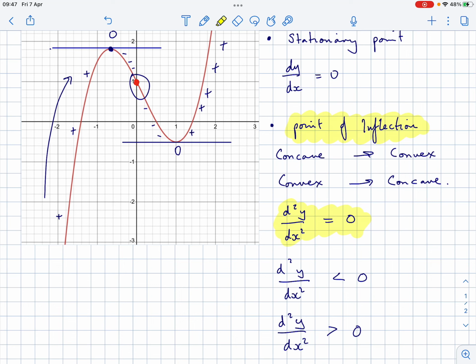If I highlight these bits, this section of the graph, until I get to somewhere around there, we'll calculate it in a minute, is going to have this property where the gradient is decreasing. Now the name for that is concave.